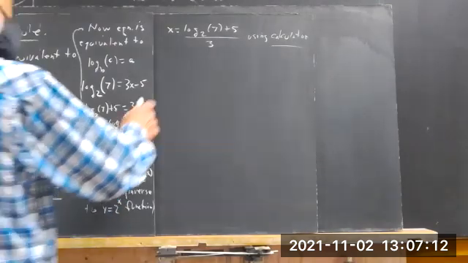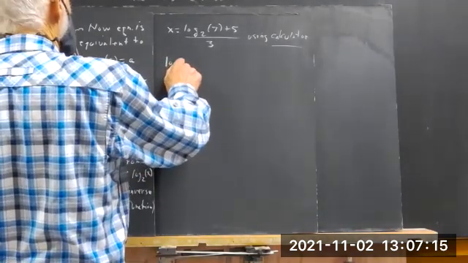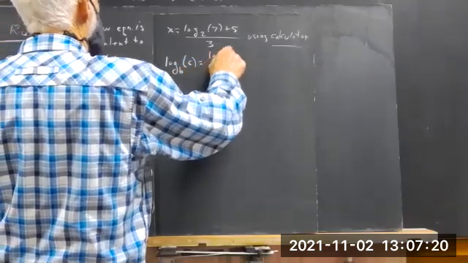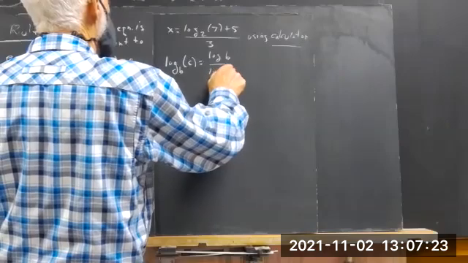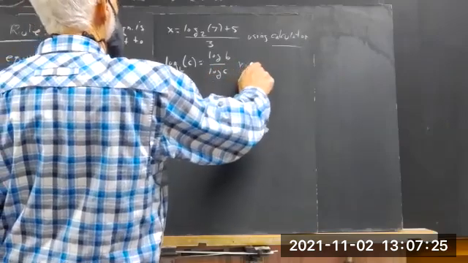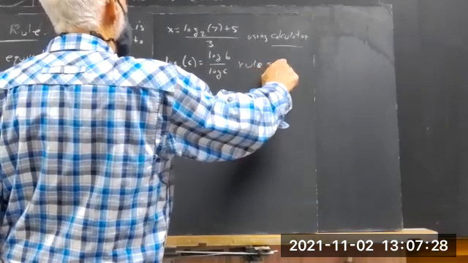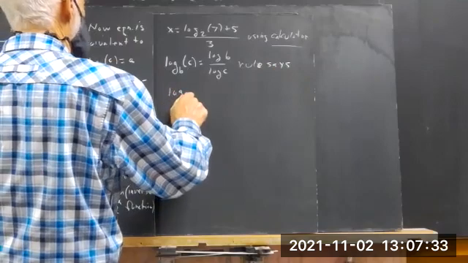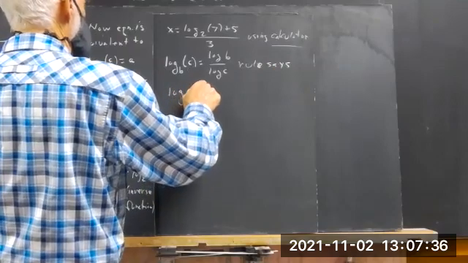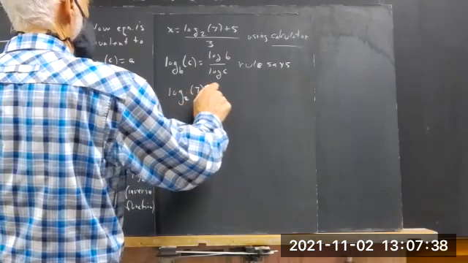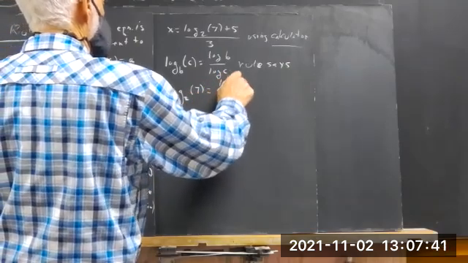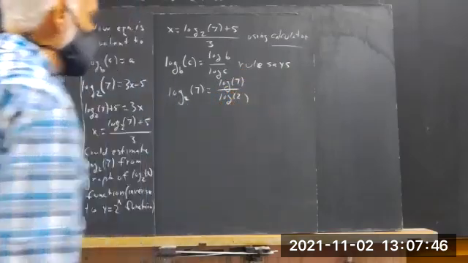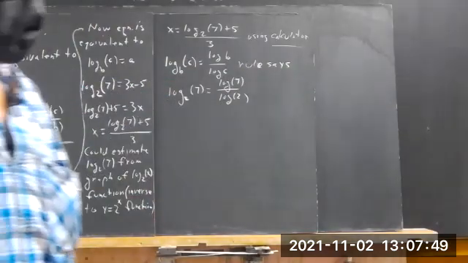Okay, so log base b of c is log of 7 divided by log of 2.